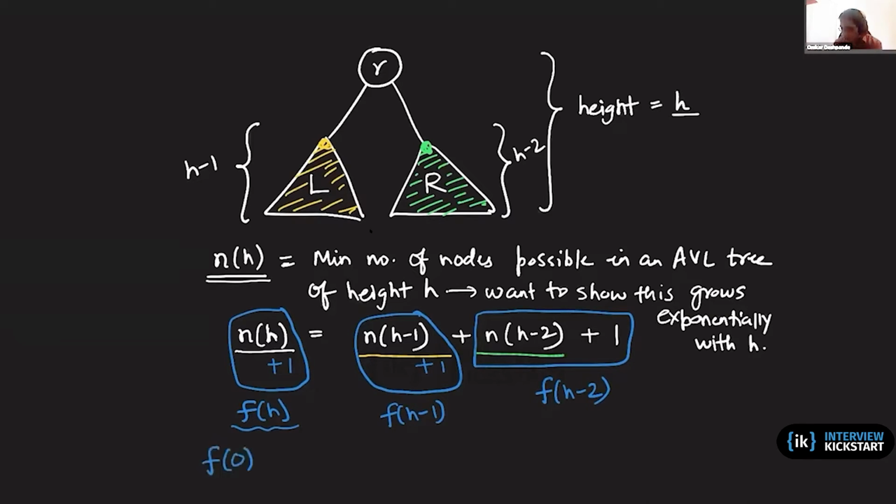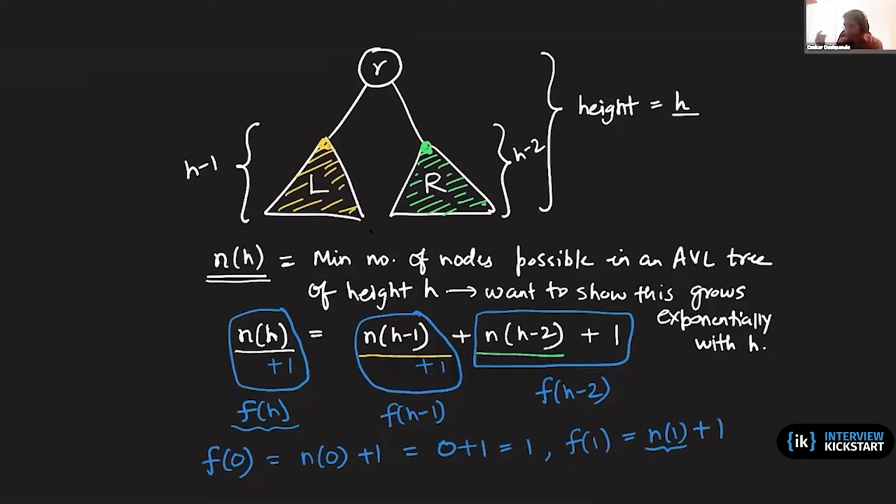Let's actually find out. F of 0 would be n of 0 plus 1. N of 0 is the minimum number of nodes possible in an AVL tree of height 0, which is basically 0. We need two base cases for the Fibonacci recurrence because it looks back 2 steps. The value of f of h depends on the previous 2 steps, so we need 2 of the values to be filled in. F of 1 would be n of 1 plus 1.